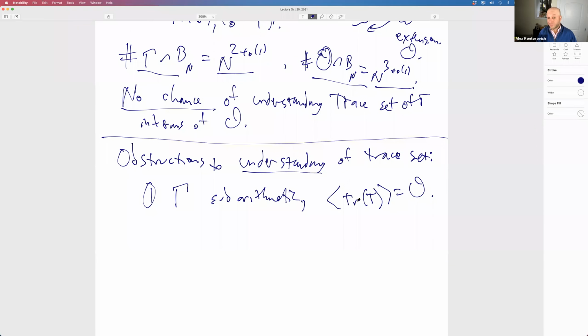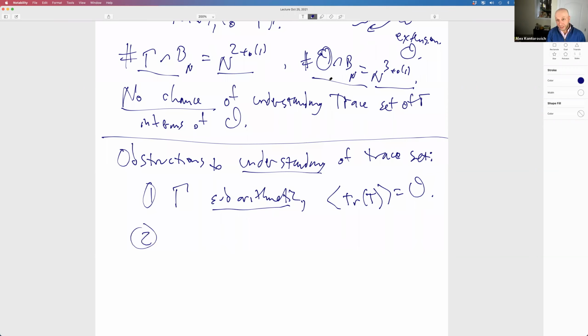So there's an arithmetic group that contains gamma, and so its trace set will be some full ring of integers, and the traces of gamma, of course, will be contained there. So one is that we want this gamma to be subarithmetic. Then we have a chance at understanding this trace set.